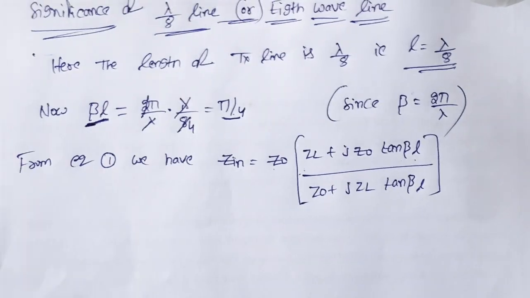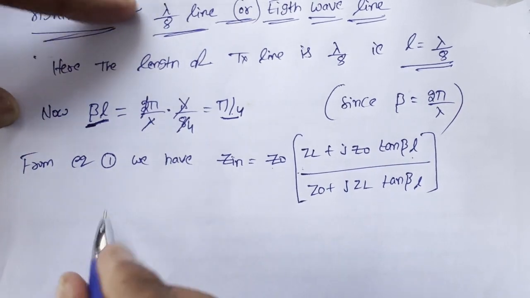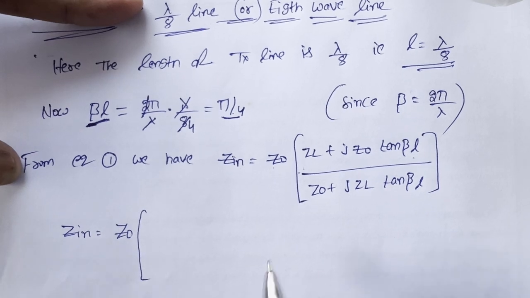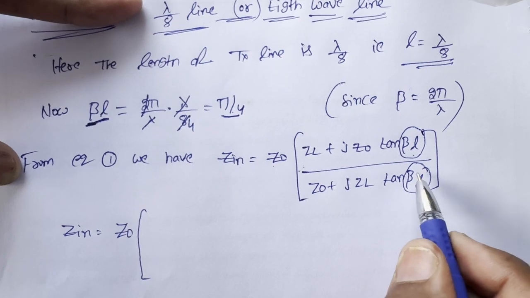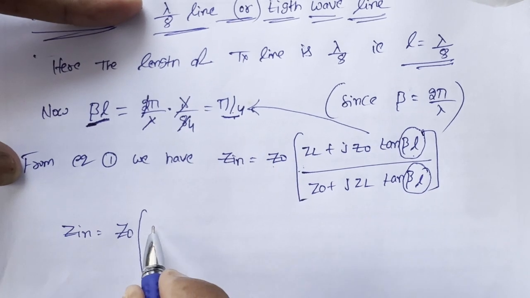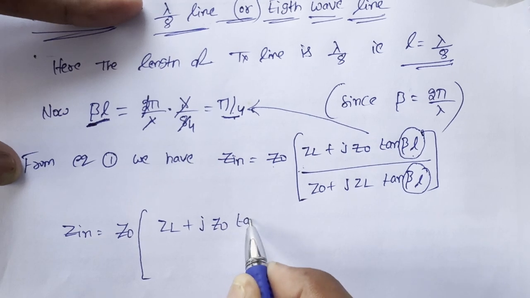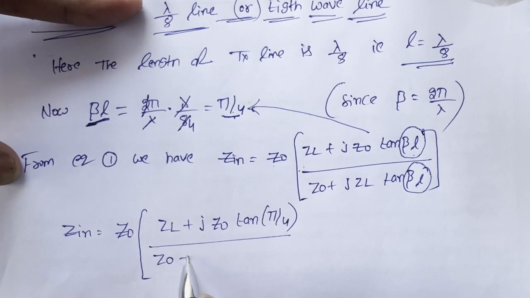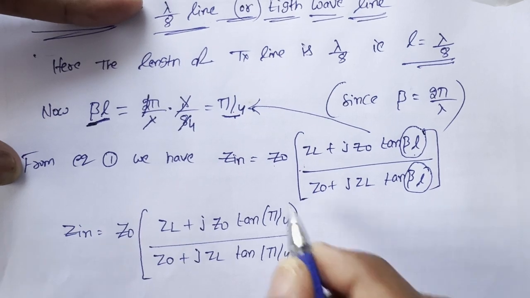Now I am substituting the value of beta L. So Zin is equal to Z0 into (ZL plus j Z0 tan pi by 4) by (Z0 plus j ZL tan pi by 4).